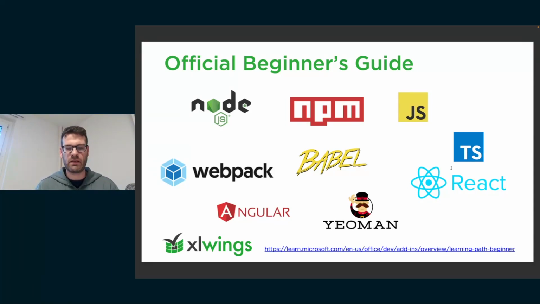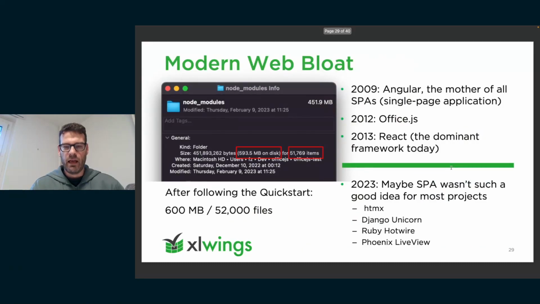You need to know what Yeoman does. You end up with build tools like Webpack and Babel. If you're not into web technology, you look at that and you just walk away right away. That's basically what happened to me 10 years ago, and it took me 10 years to get back to it.